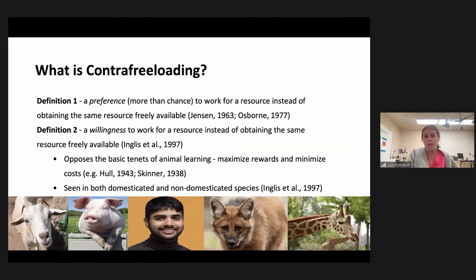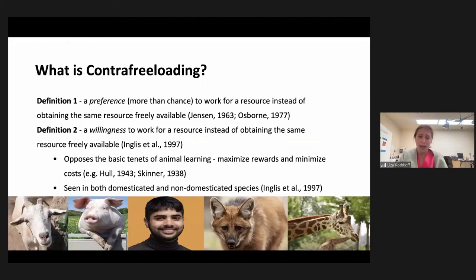The second definition refers to a willingness to work for a resource instead of obtaining the same resource freely available. This willingness refers to any effort put forth whatsoever to obtain this resource. This resource is typically food, but it has been studied in water as well as other sensory resources.